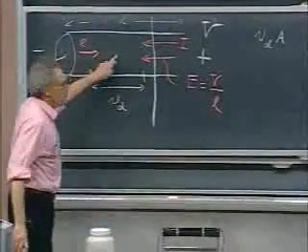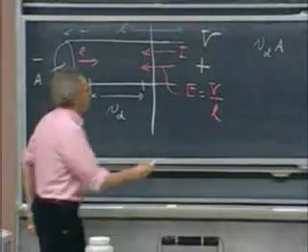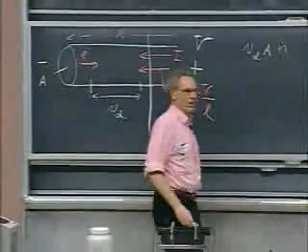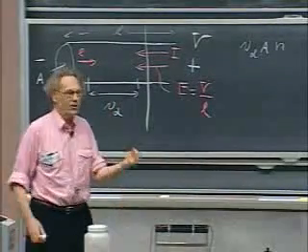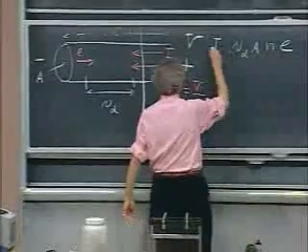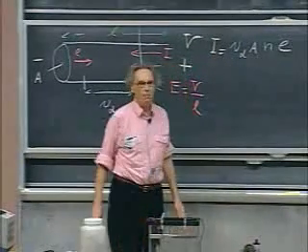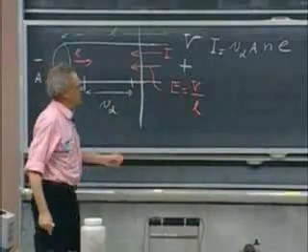But the number of free electrons per cubic meter is called N. So this is now the number of free electrons that passes per second through any cross-section. And each electron has a charge e. And so this is the current that will flow. The current, of course, is in this direction, but that's a detail.